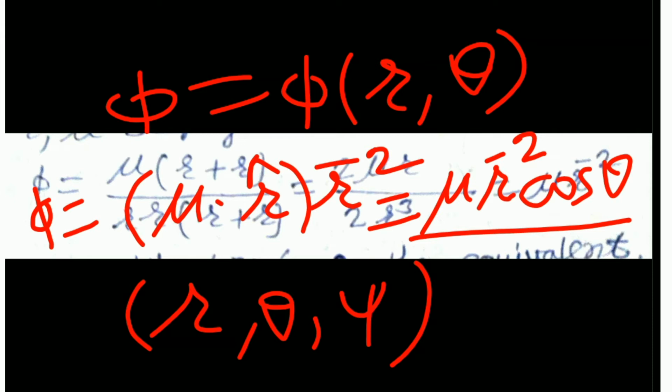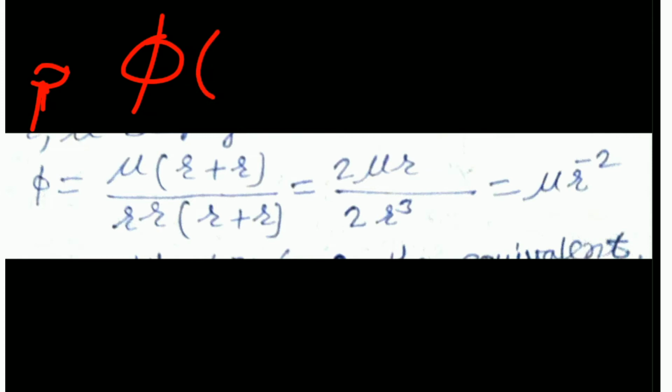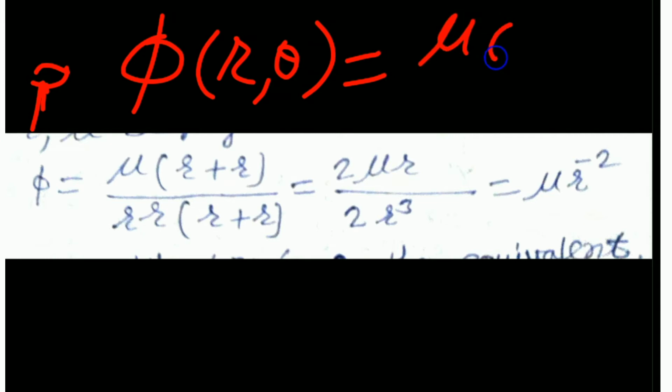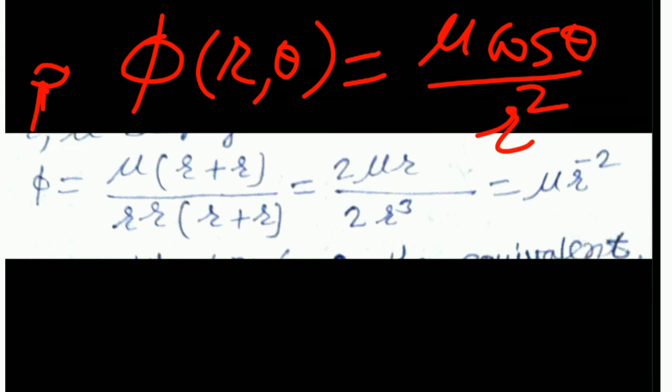The velocity potential at P, phi of r theta, is equal to mu cos theta upon r square. And therefore what we get?